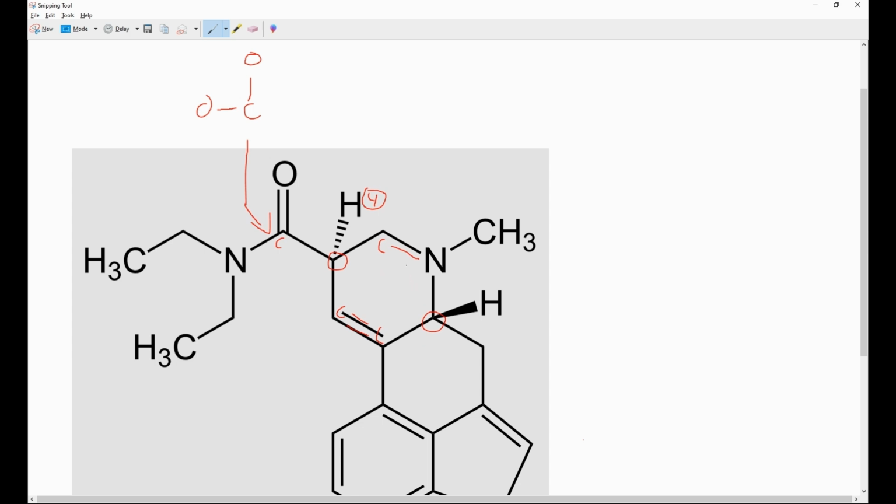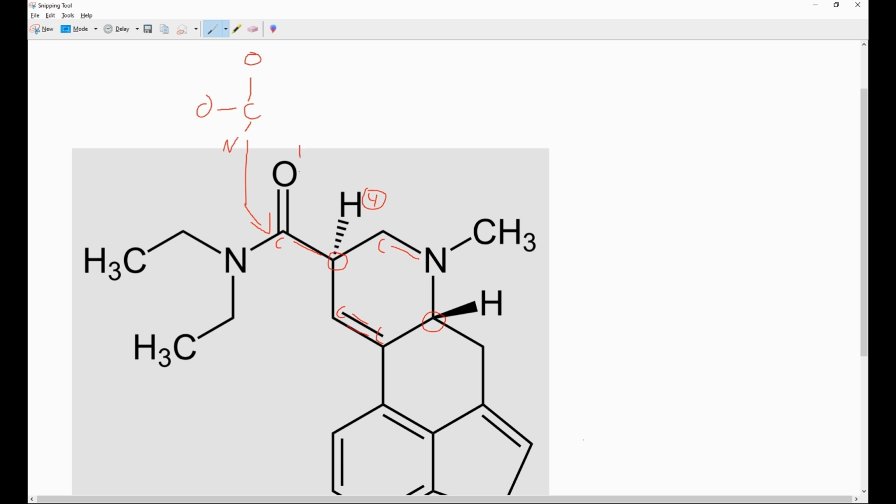So this is single bonded to a nitrogen. This is a carbon, which is double bonded to an oxygen, single bonded to a nitrogen. 2, 4, 6, and then 2, 4, 6, 8. Okay. So that's all the bonds.